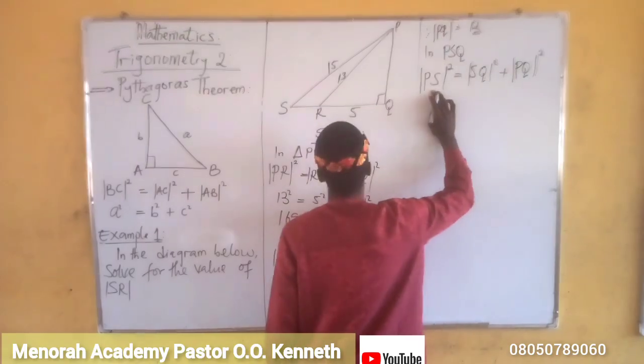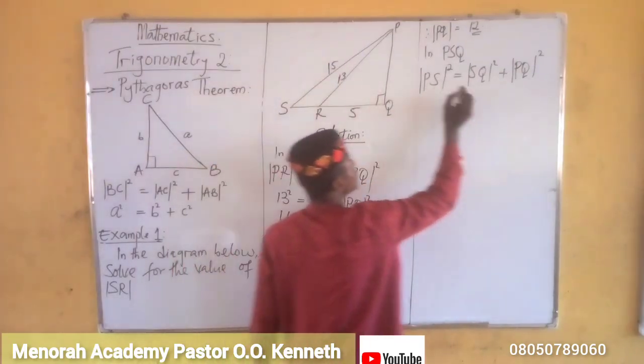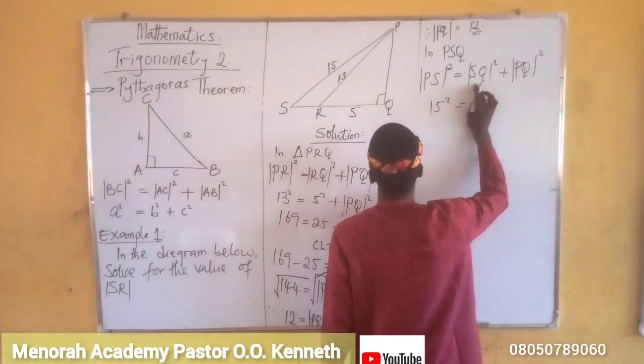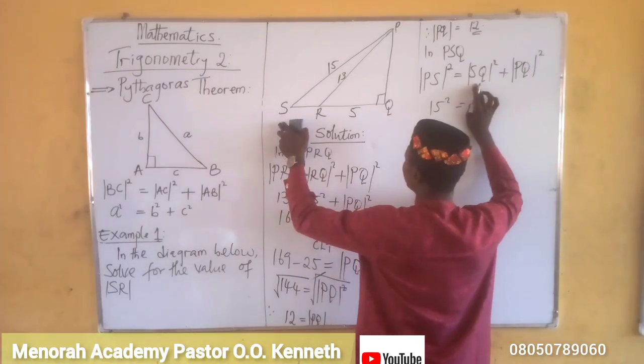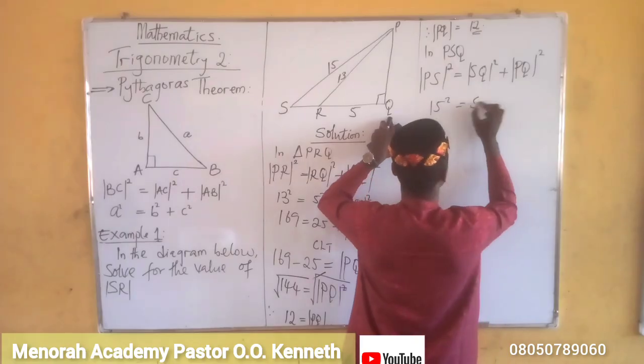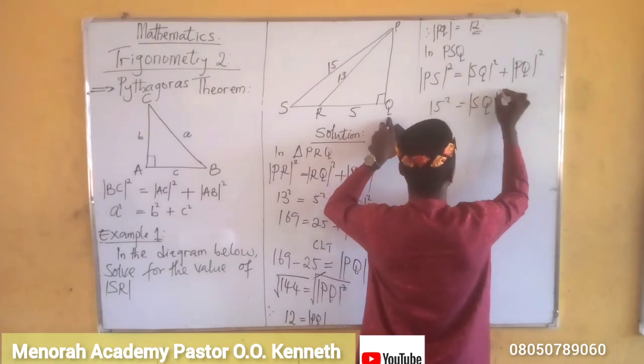Our PS is given to be 15, so it is 15 squared. Our SQ, from here down to this particular place, we don't know yet, so we leave it as SQ squared.